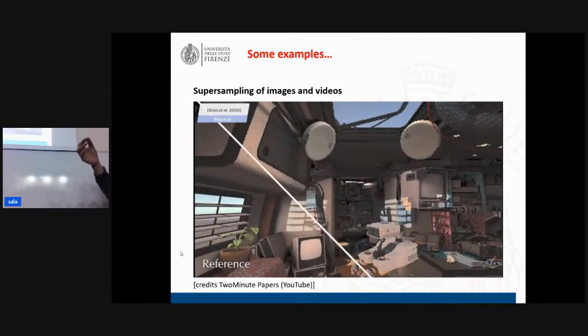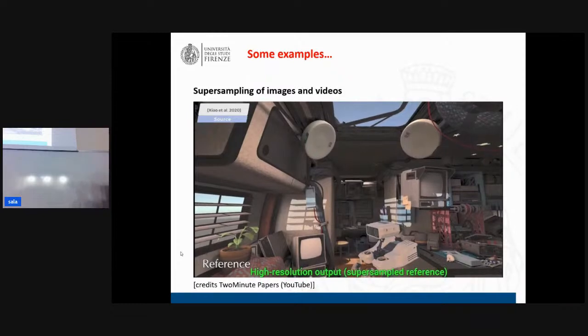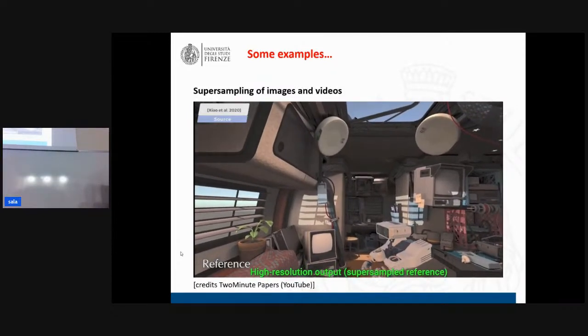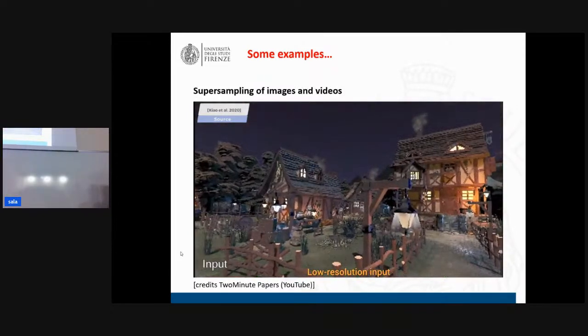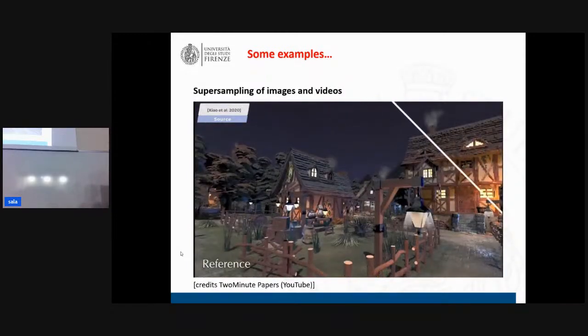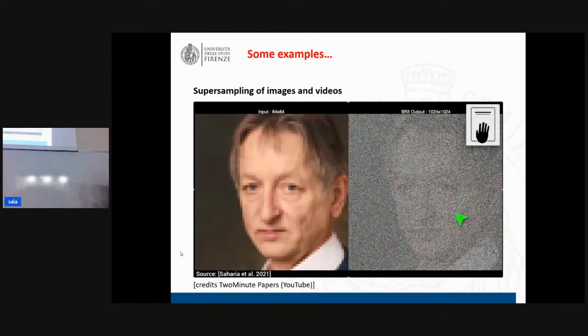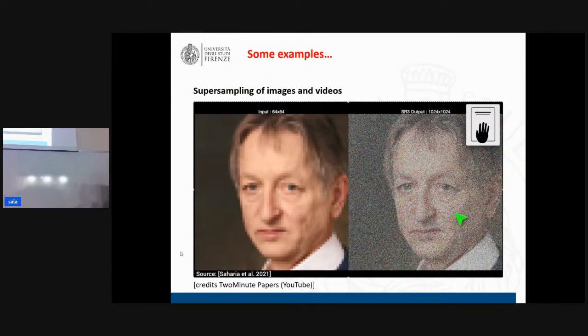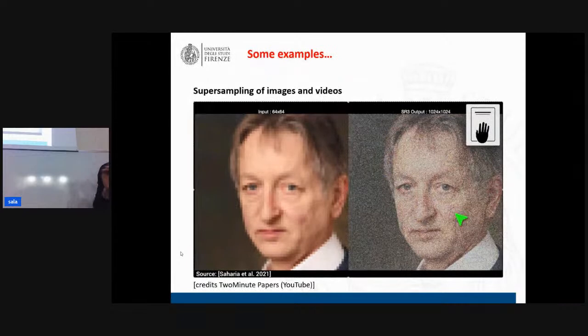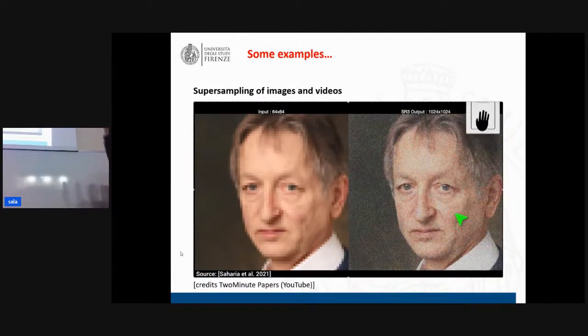In this case, the input-output pairs that we are training the neural network on are the low resolution version and the high resolution version of the video. But I want you to keep in mind that this input-output relation is the same that we have seen in the simple example of the handwritten digit. It just changes what the input and what the output are, but the mechanism is exactly the same.